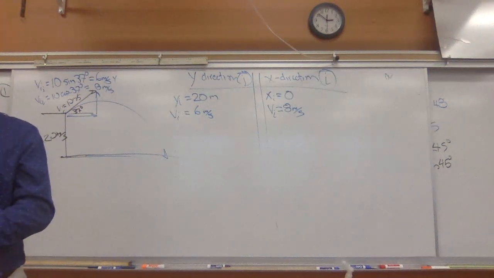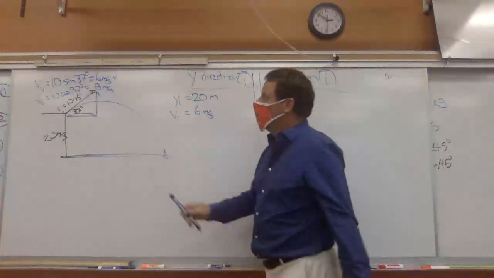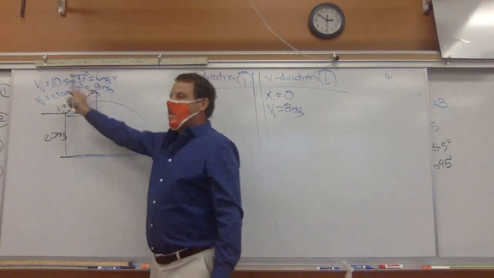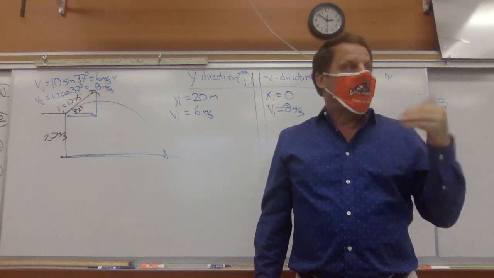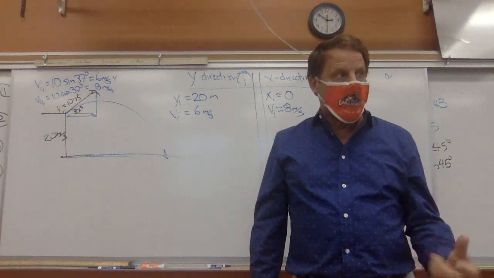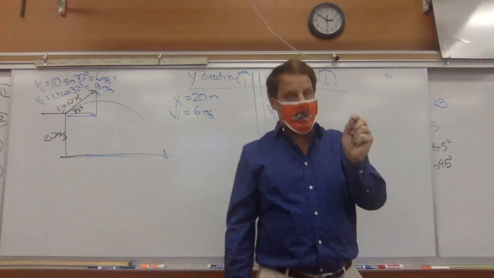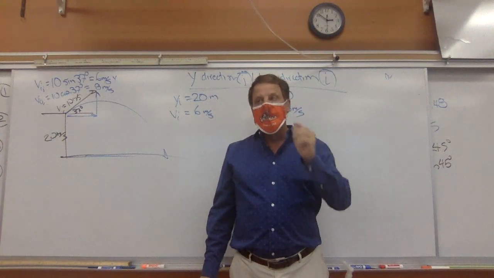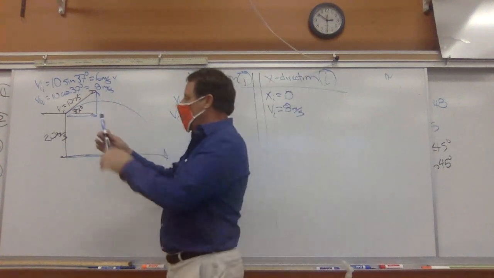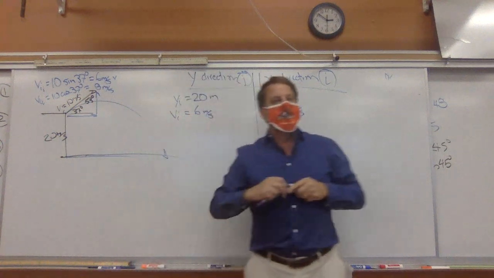How did I do that in my head so quickly? You guys, that is a 3, 4, 5 triangle, or it is a 6, 8, 10 triangle. I made up the angle because I know that the angles of a 3, 4, 5 triangle are 37 and 53. Not exactly, but close enough. So when I give you a 3, 4, 5 triangle, you can assume that this is 37, and then obviously this is going to be 53 degrees.